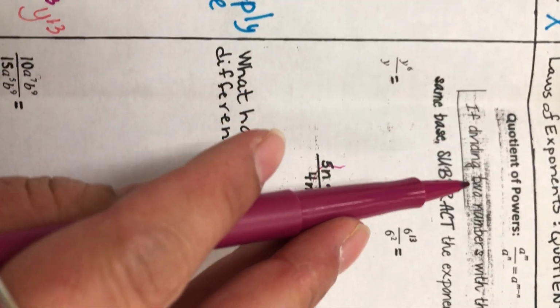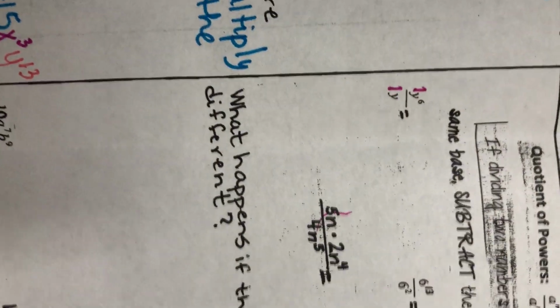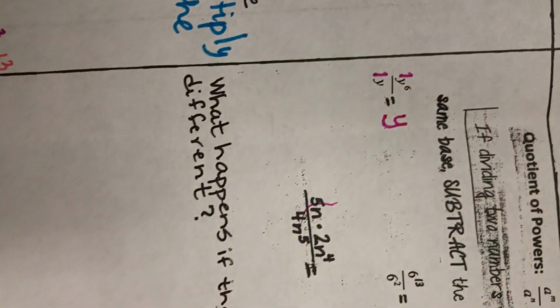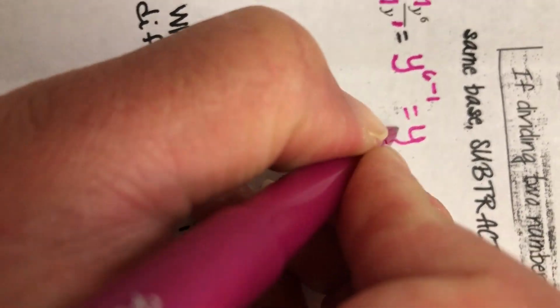So if dividing the numbers with the same base, just subtract the little ones. For example here, the bases are 1. So we leave it alone. 1 divided by 1 is just 1. Write down your y and subtract. 6 minus imaginary 1. What's 6 minus 1? Well, that is 5.